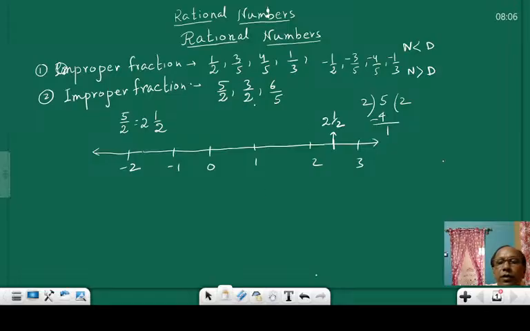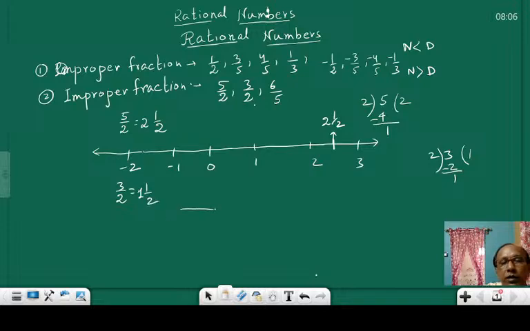And the next one is 3 by 2. If we divide 3 by 2, we get 3 by 2 is equal to 1 whole 1 by 2, right.